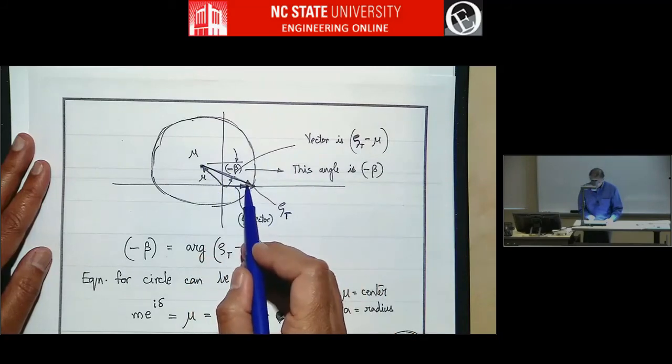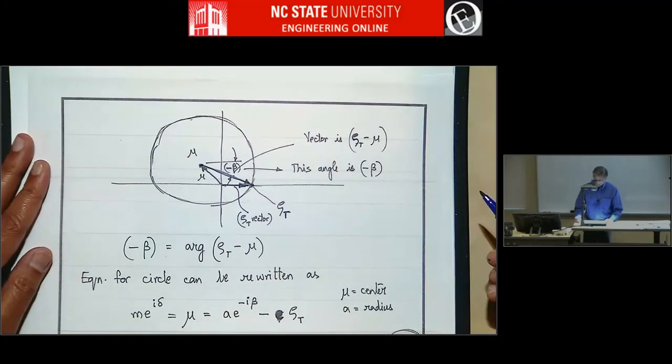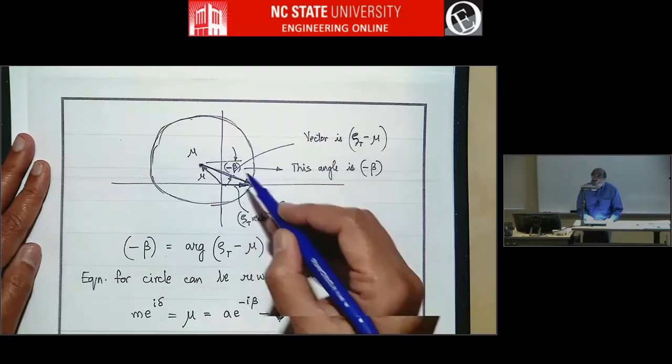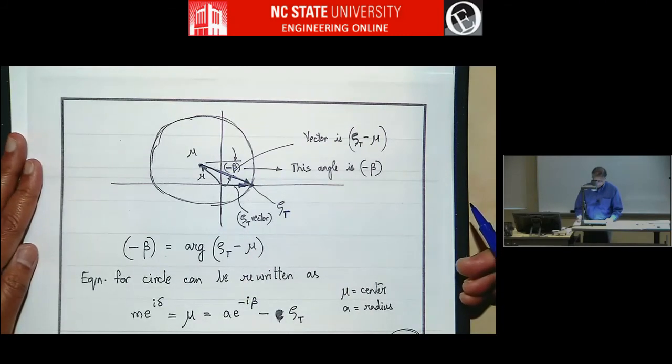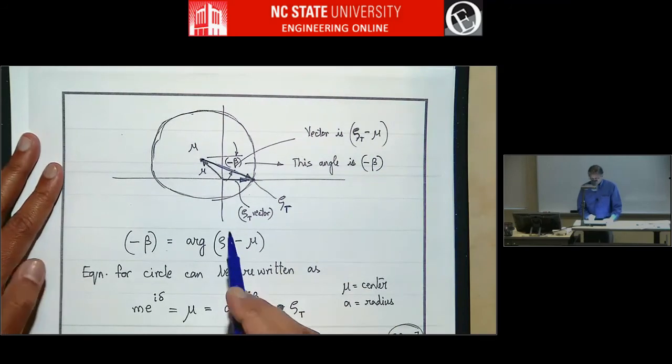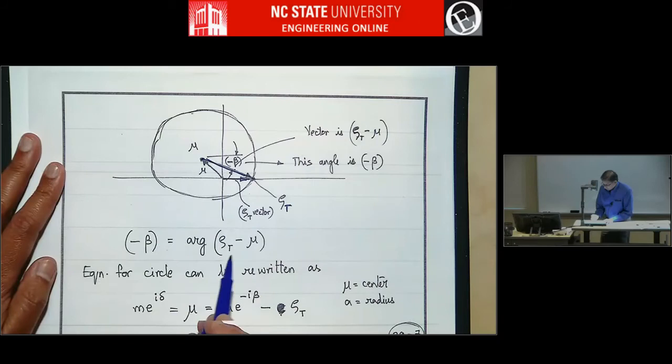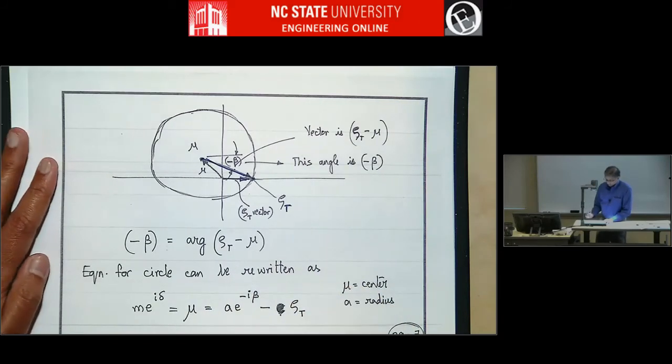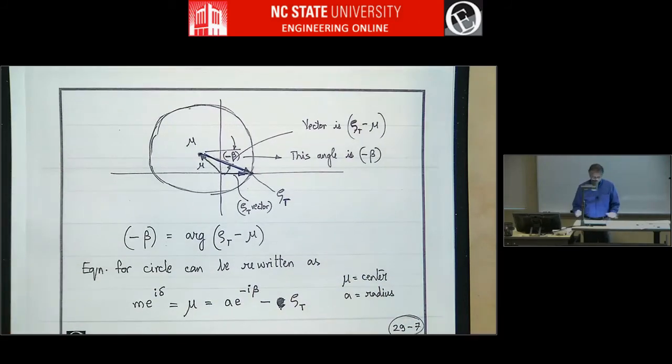And so this vector is zeta t minus mu, and this angle is minus beta. So minus beta turns out to be the argument of this vector, which is the argument of zeta t minus mu. So this is all some mathematical manipulation to make things easy to visualize in the transformation.